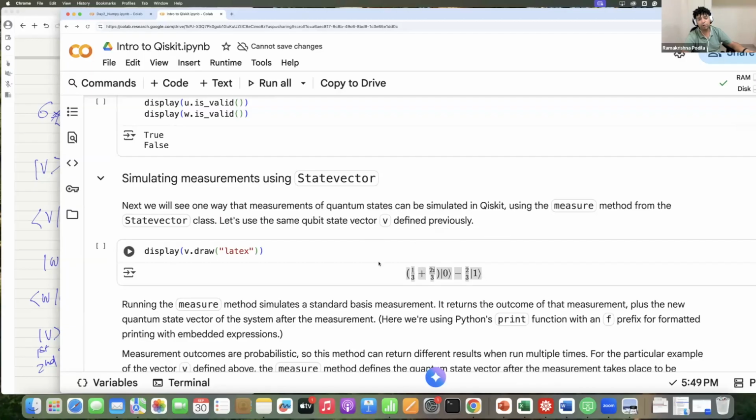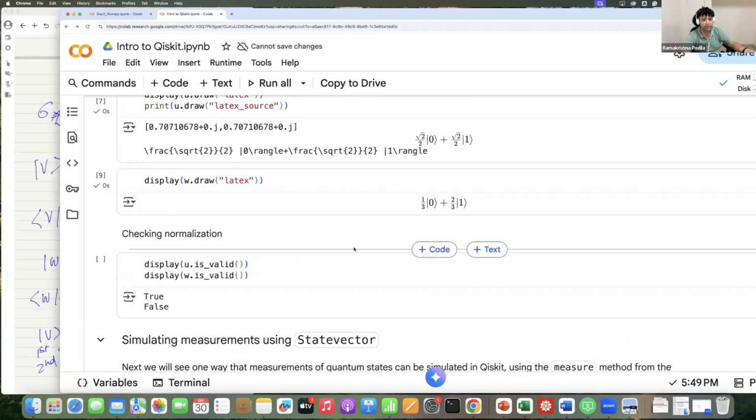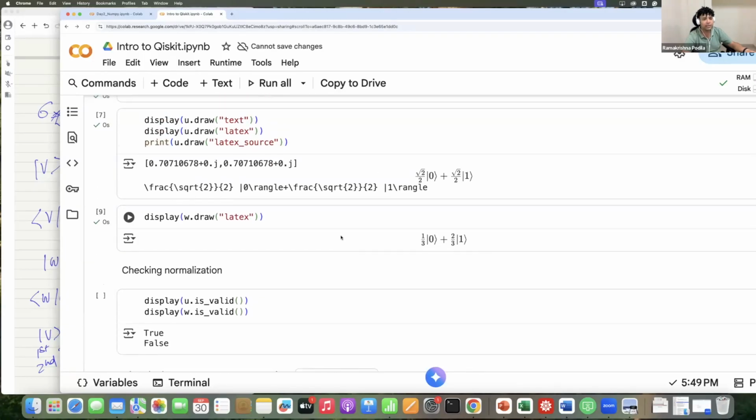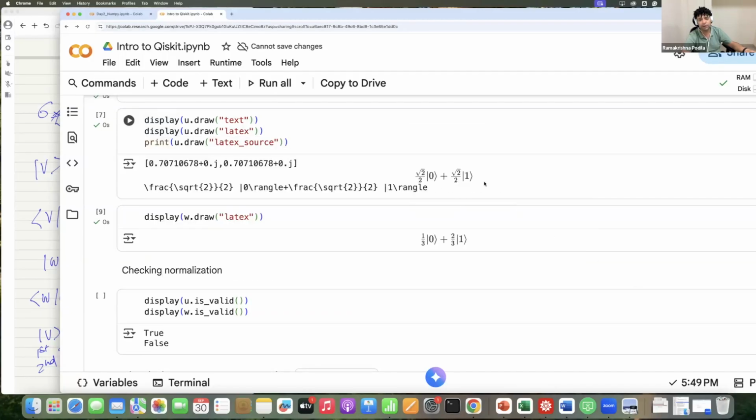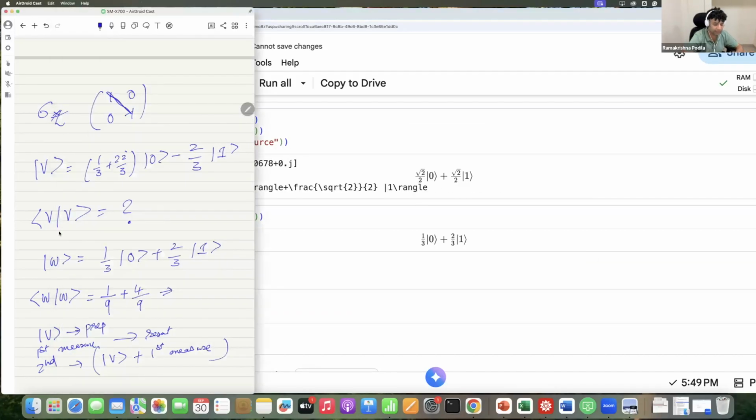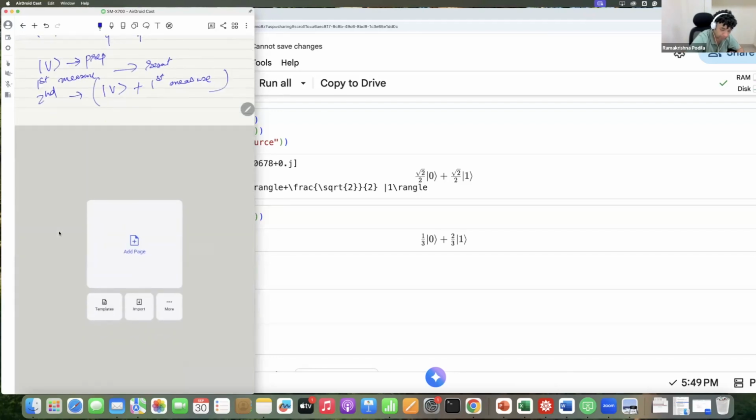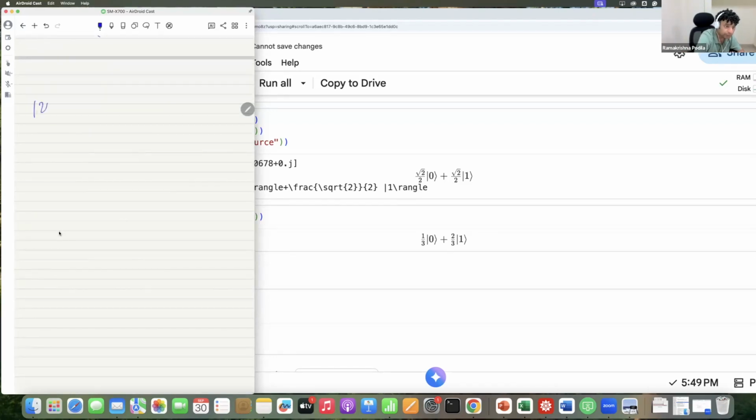This state. So I want to make multiple measurements, or maybe we can take a simpler state. So let's take state U, which is 1 over square root 2 times 0 plus 1 over square root 2 times 1. So I'm going to take state U.